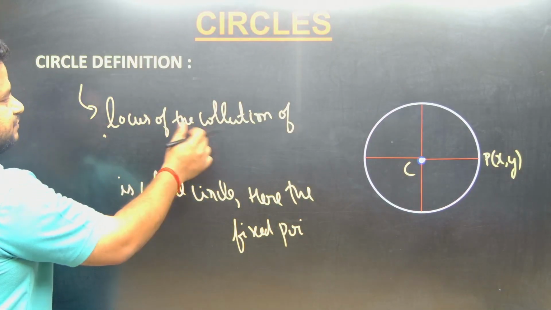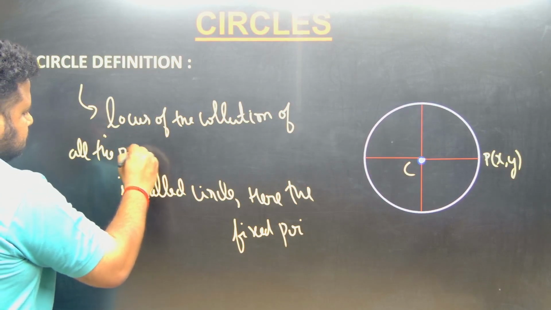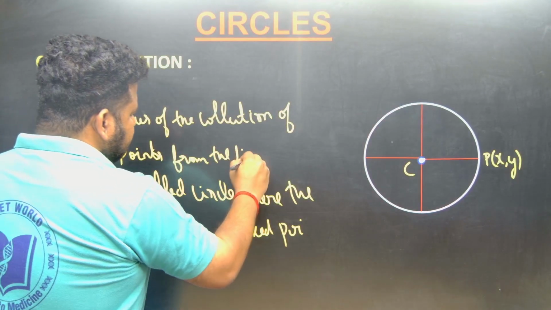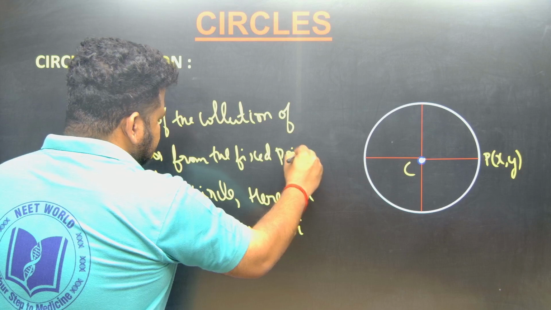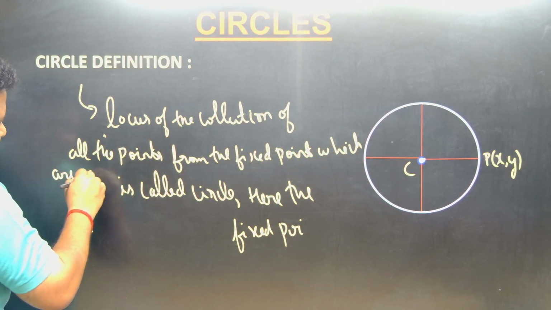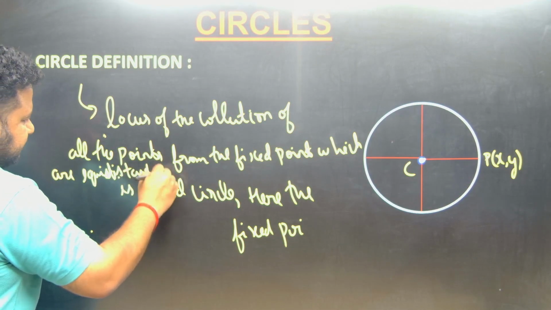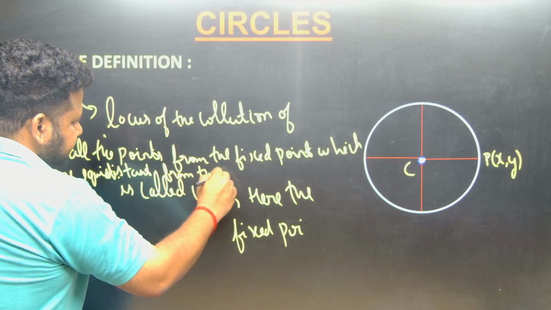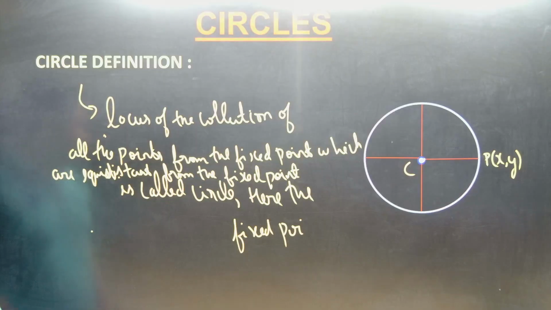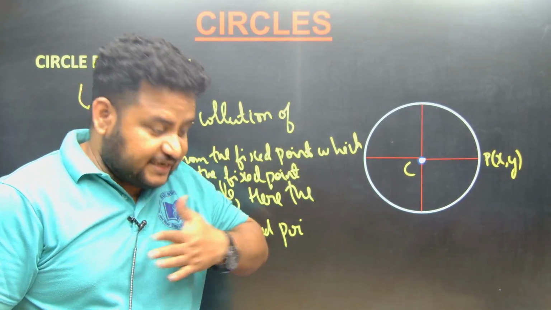The locus of the collection of all the points from the fixed point which are equidistant, this is also very important, which are equidistant from the fixed point, is called the circle.